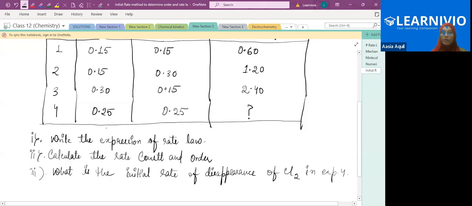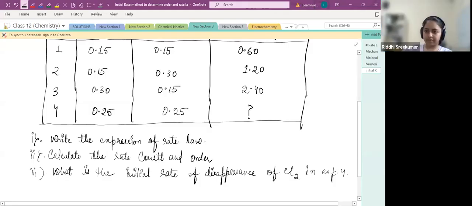First, write down the integrated rate equation for the rate of disappearance of all the reactants and the rate of appearance of your product, NOCl.